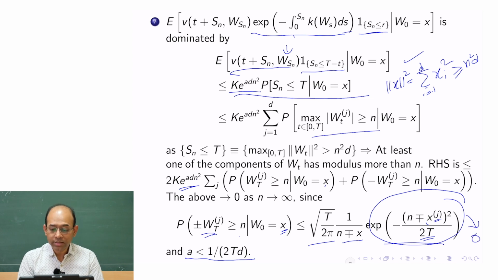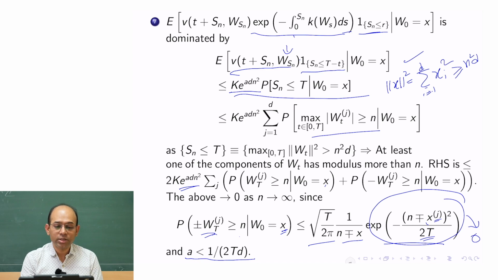This convergence to 0 would dominate this growth if the coefficient a d is smaller than 1 over 2t. That is the idea. Since we have assumed that a is less than 1 over 2td, this is true, and this upper bound goes to 0 as n tends to infinity.